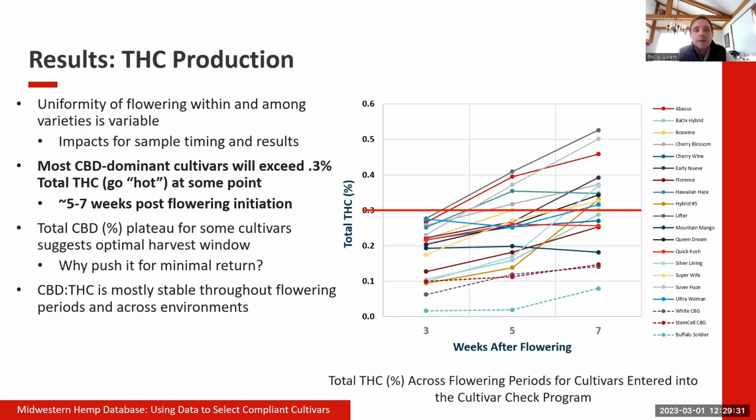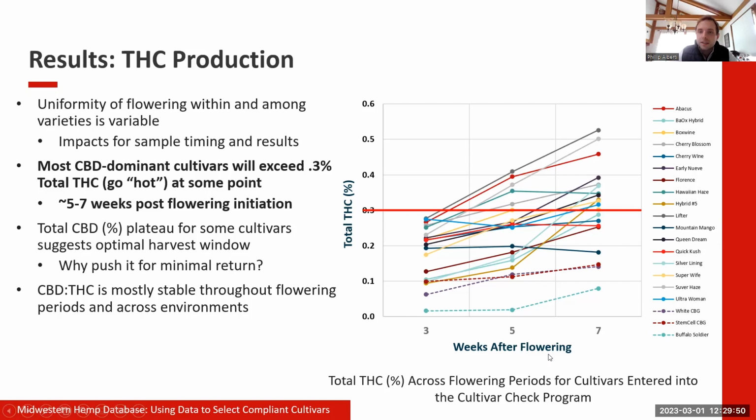What's really important is that most CBD dominant cultivars are going to exceed 0.3% THC at some point throughout the growing season. So if this red line is the regulatory threshold, any sample above that line would be a non-compliant sample.